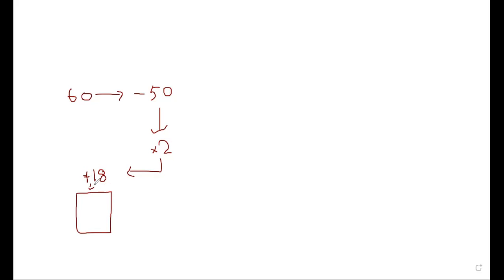So first we are going to start from 60. 60 minus 50. So 0 minus 0, we get 0, and 6 minus 5, we get 1. What answer do I get?